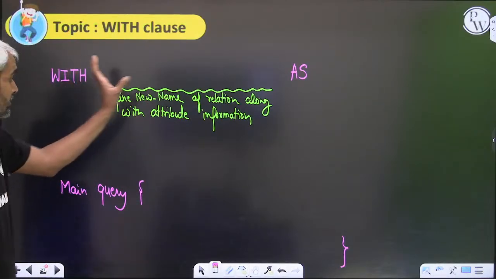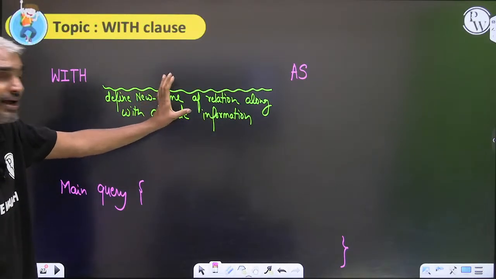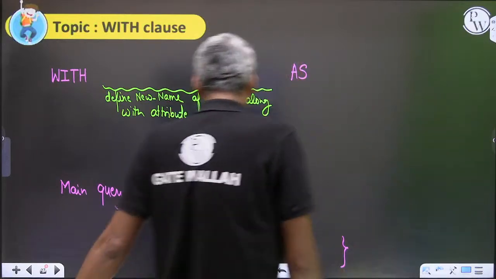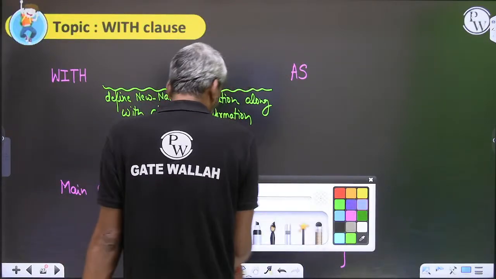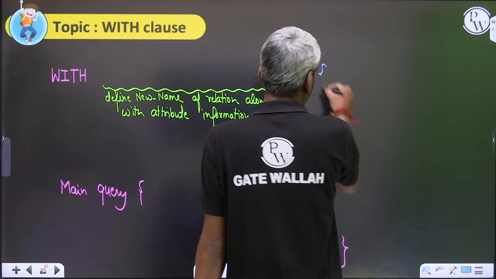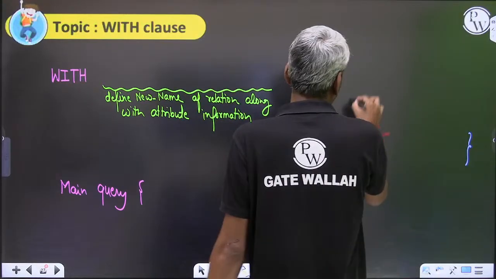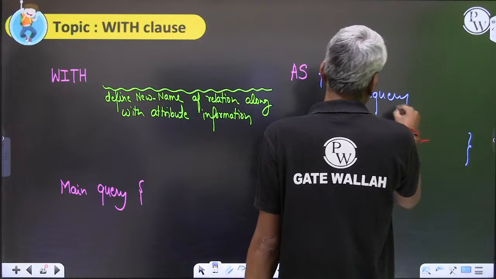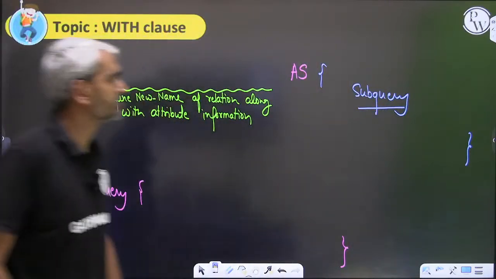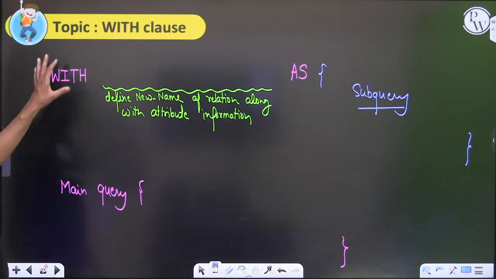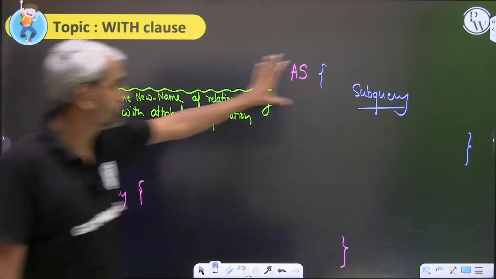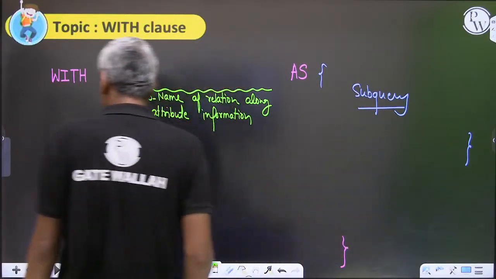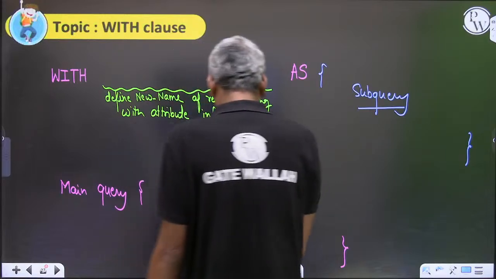This new relation and attribute information is the output of this subquery. So here you will have a subquery. What will happen? The new name is defined for the output of this subquery.